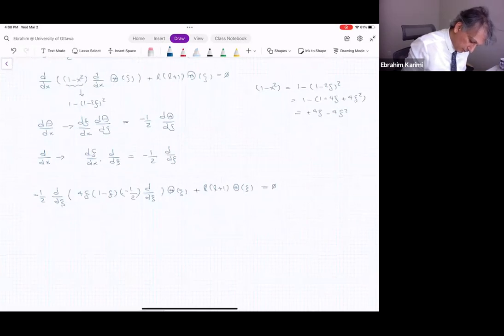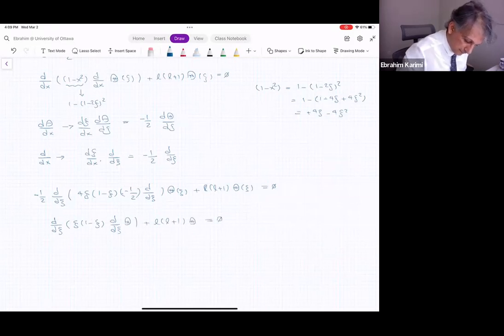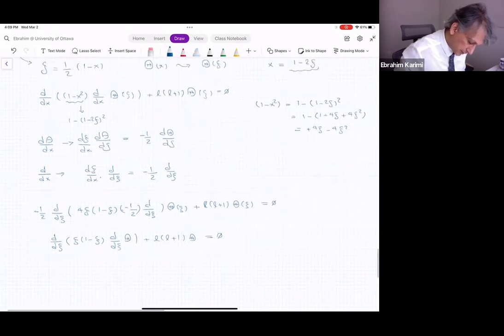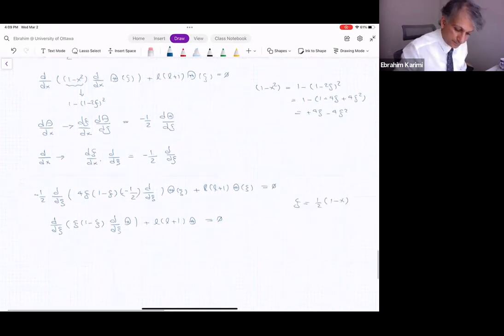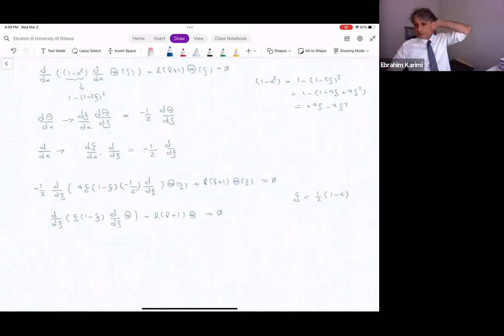The 4 goes away, the minus sign goes away, so it will be d zeta of zeta times (1 minus zeta) d zeta of theta of zeta, plus L times (L plus 1) theta equal to 0. Remember that the change of variable was 1/2 of (1 minus x). I got this differential equation.